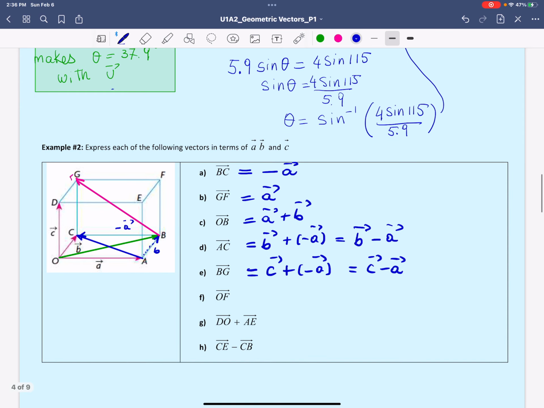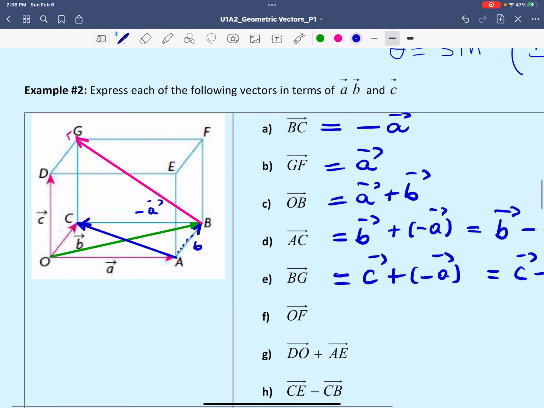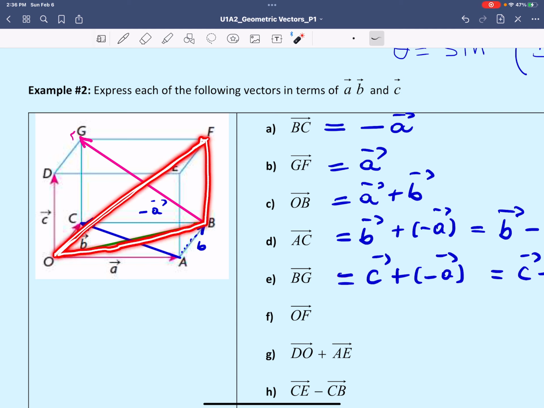Vector OF, it's getting crowded here, so let me make this a little larger. Vector OF starts at O and ends at F. If you look closely at this diagram, you can probably see, and I hope you can see, that here we have a right angle triangle because this is a right prism.